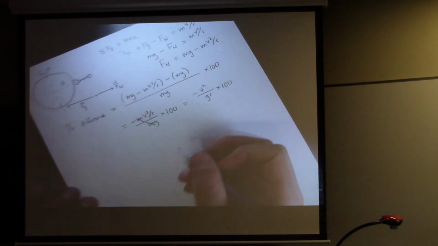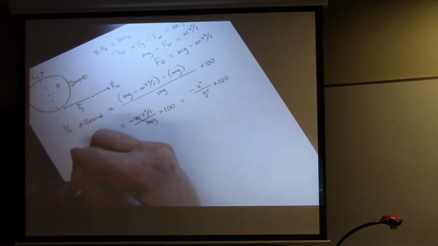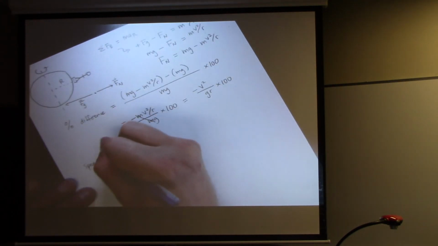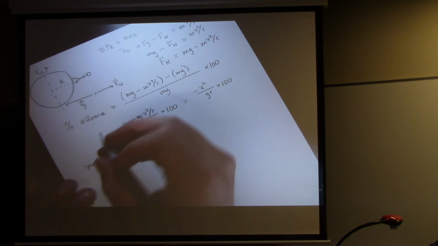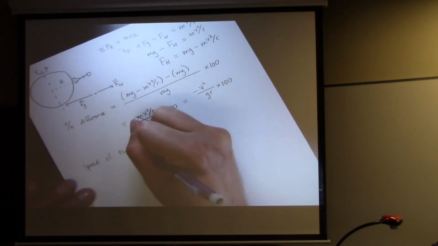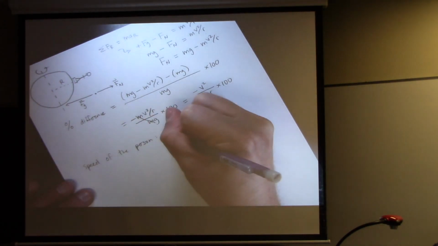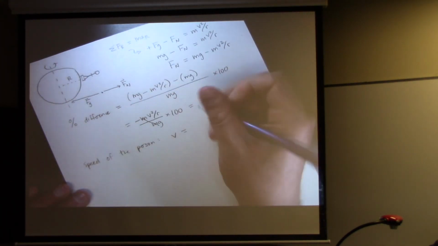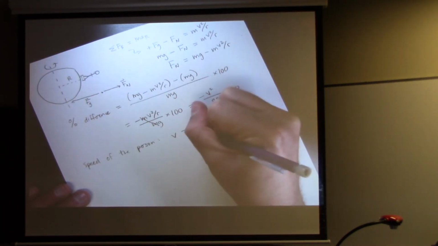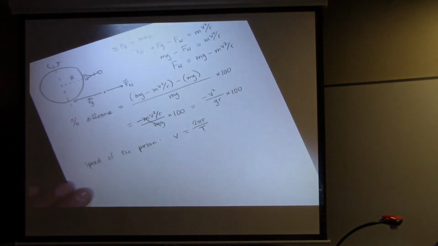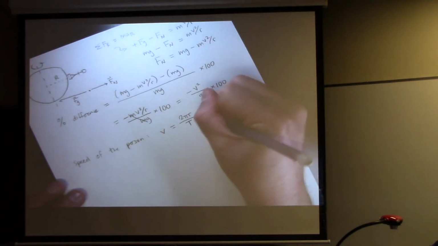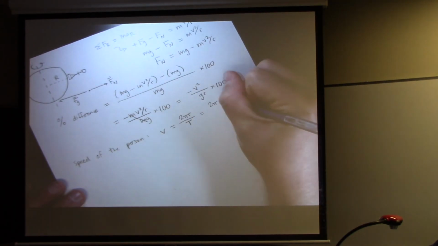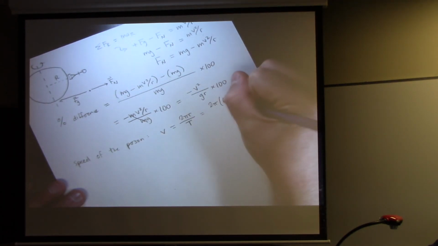Okay, so first, let's think about the speed of the person. That's v right here. Well, like any other object moving in a circle, you can think of the speed as the circumference, 2 pi r, divided by the period, capital T. Now, we can put a number to this. 2 pi times the radius, 6.37 times 10 to the 6 meters.